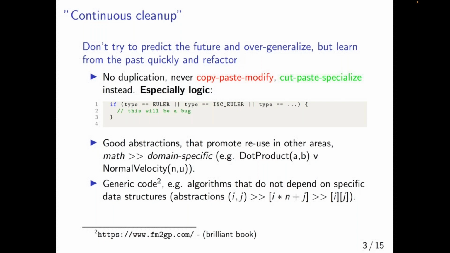And then generic code, and again references. That means algorithms that do not depend on specific data structures, and that means interfaces of the type IJ are better than manually hard-coded memory layouts for 2D indices in a 1D array, and that's even better than a vector of vector or a pointer of pointer to represent a matrix.